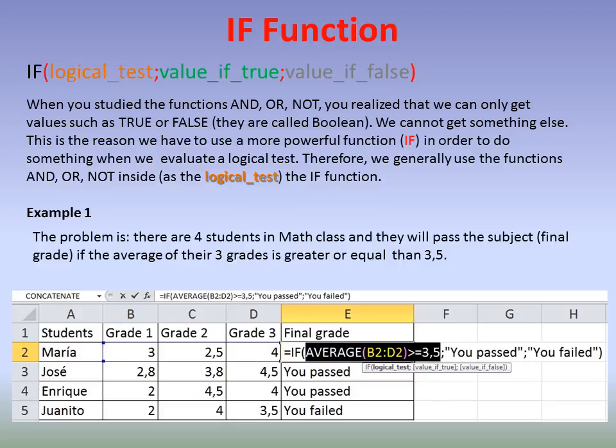On the contrary, the average for Juanito is 3.2, so it means unfortunately he failed. Again, pay attention that text is between quotation marks, while numbers, like formulas, are without quotation marks. Got it?